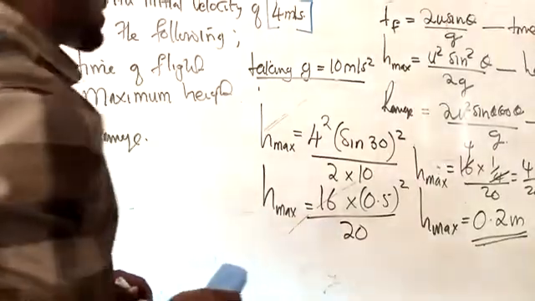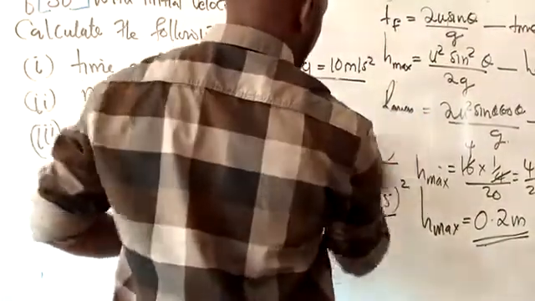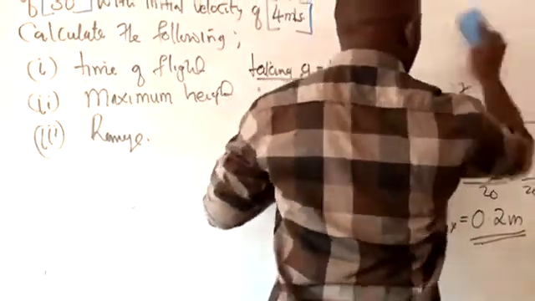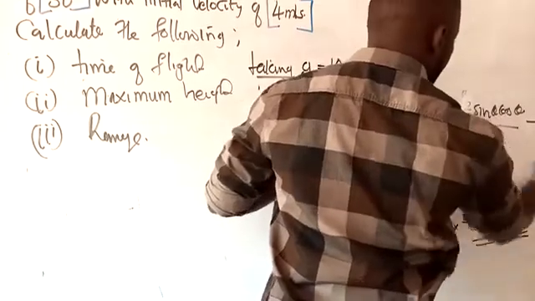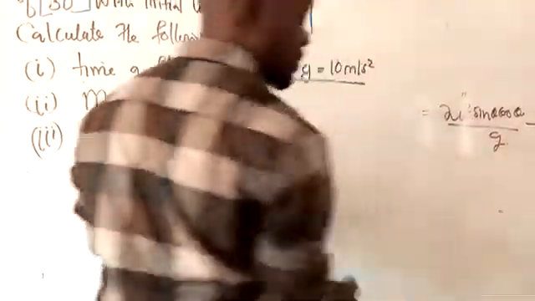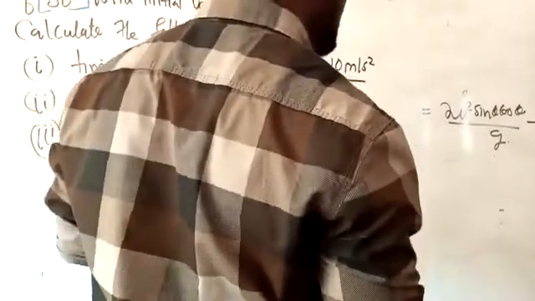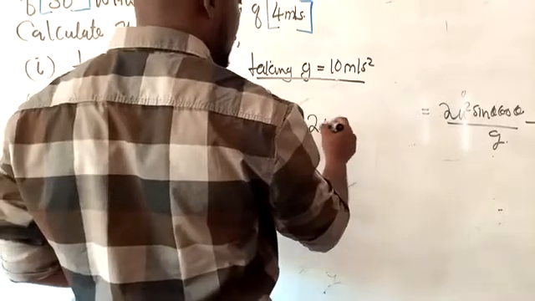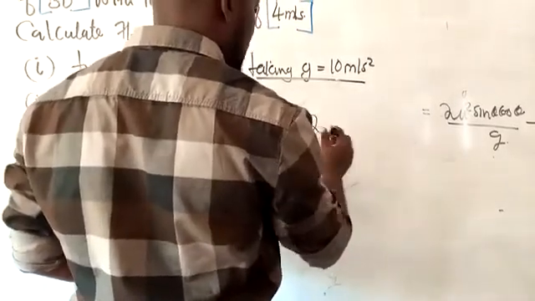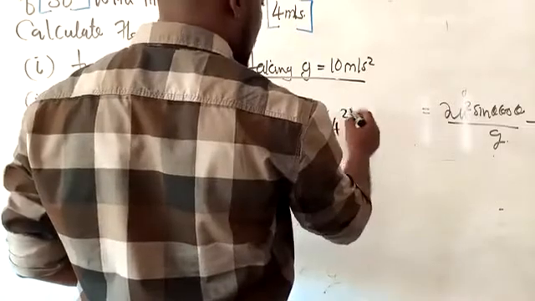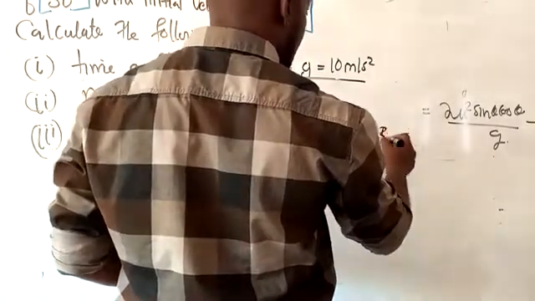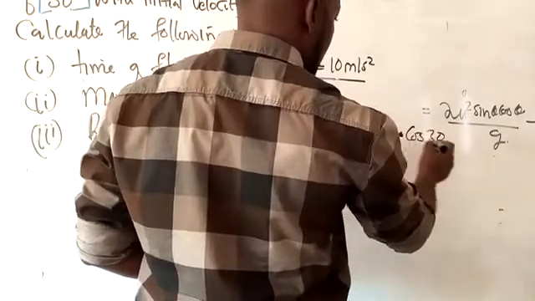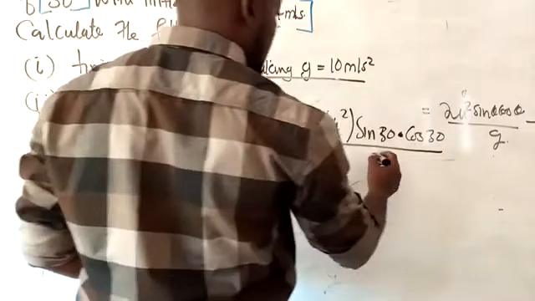Let's wrap it up with the range. Sine 30 multiplied by cos 30, there's a dot there, means multiplication, divide by 10.